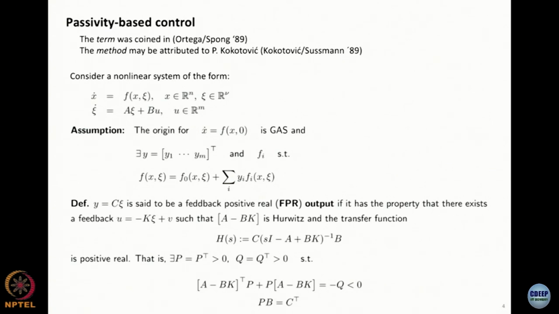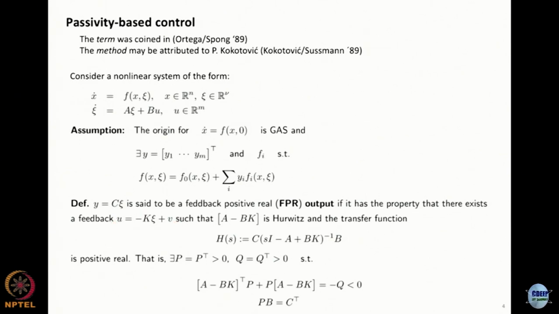Okay, and they call an output feedback positive real if it has the property that there exists a feedback like this, so minus k psi, to place the poles of this guy here, and an extra input, such that when you apply this feedback to the linear system here, you get a strictly positive real system, meaning that the matrix A minus BK will be Hurwitz, and the closed loop system with this feedback will be strictly positive real.